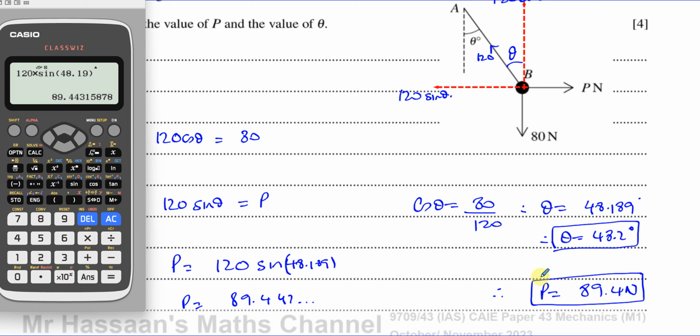So 89.5 should lose you 1 mark, even though you did everything correct, because you used a value of theta which is rounded. You have to use a higher degree of accuracy than required in your final answer in your intermediate steps. So don't use the value of theta you found, use the value of theta before it was rounded in the next step.